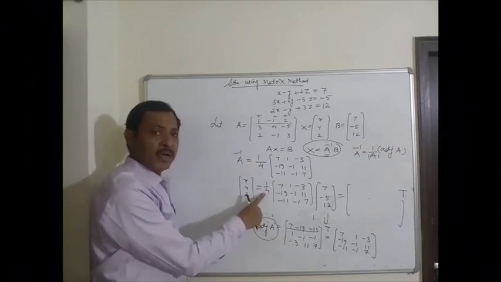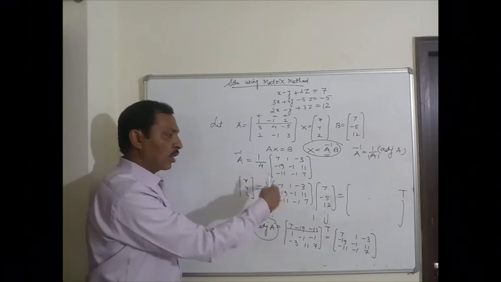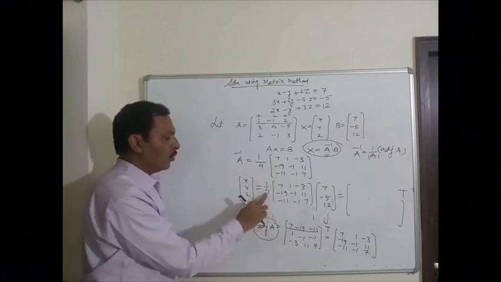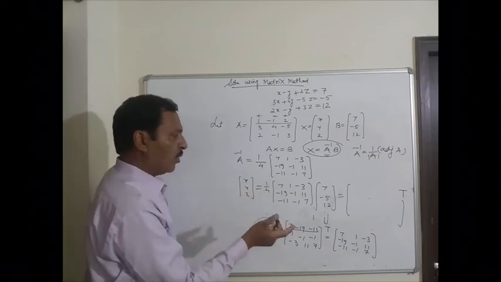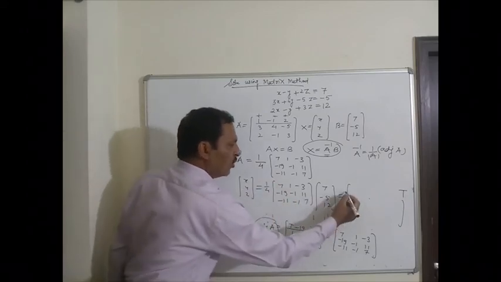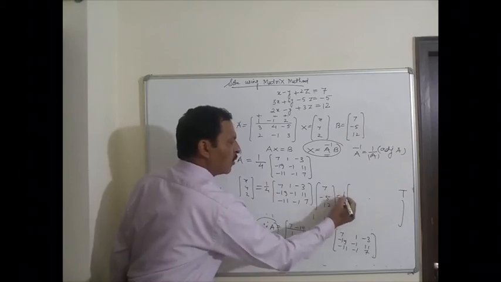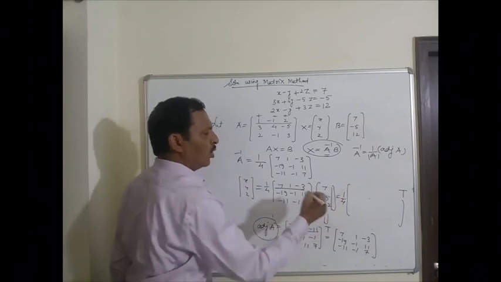Never divide this particular matrix by 4. It will make your calculation too difficult. This determinant value has to be kept always outside. So the multiplication we are doing of this is to be kept outside. So 1 by 4 is still out. Row multiplied with the column.